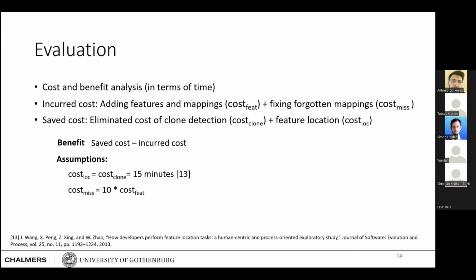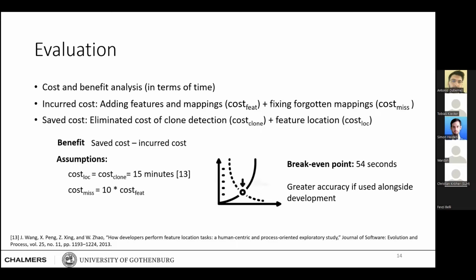We assume, based on previous research, that the cost of locating one feature or the cost of locating one clone roughly takes 15 minutes. We also assume that the cost of fixing a forgotten mapping is 10 times the cost of adding it proactively. Based on our analysis, we reach a break-even point of 54 seconds, which means that if developers take 54 seconds to add one feature or one feature mapping, they reach a break-even point.